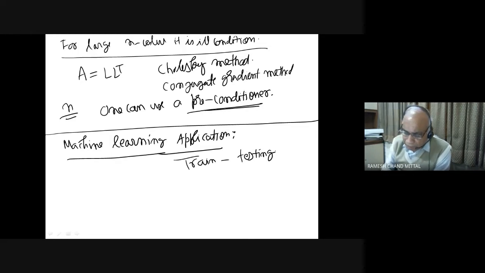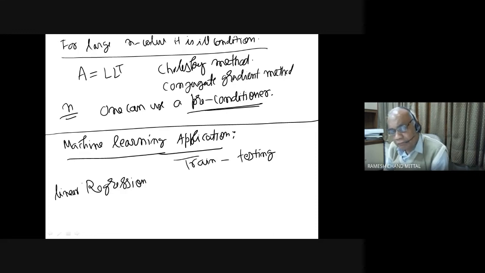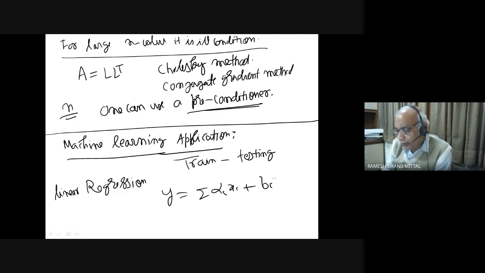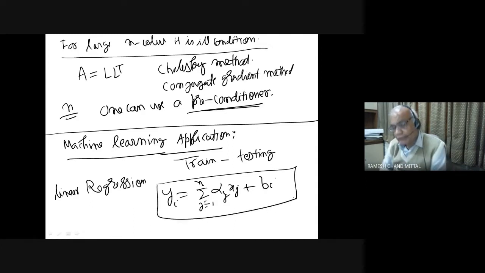Now, if your data is linear, then things are okay, and you can have regression, typically linear regression, and you can teach the machine with the help of large data, that you have some kind of alpha_j x_i plus b_i, and y_i. So this is a linear kind of regression, and you can interpolate the data.